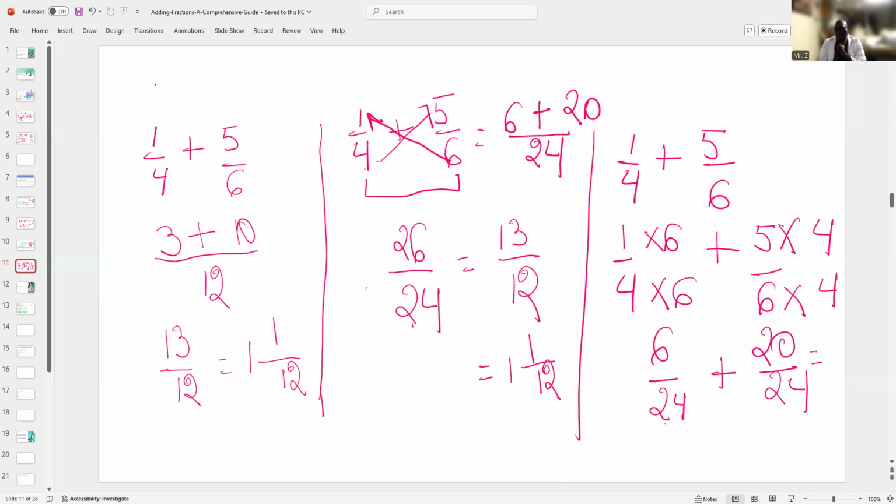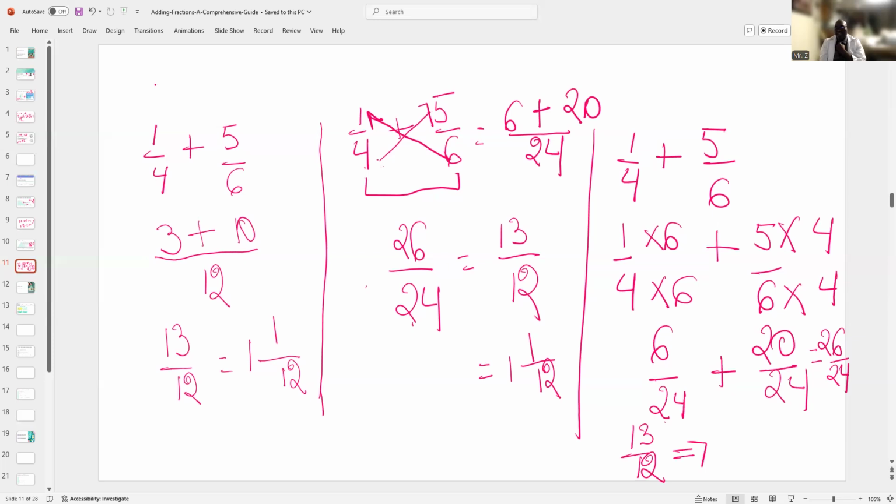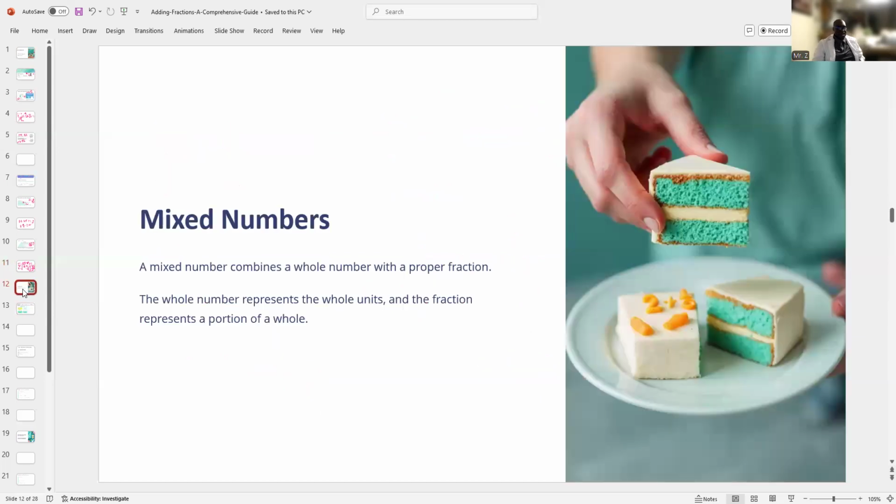Once you do that, you have 26 over 24. Once you simplify, you have 13 over 12. This is an improper fraction. Convert that to a mixed number, it's 1 and 1 over 12. This is a different way you learn how you can add fractions. We talked about mixed numbers already.